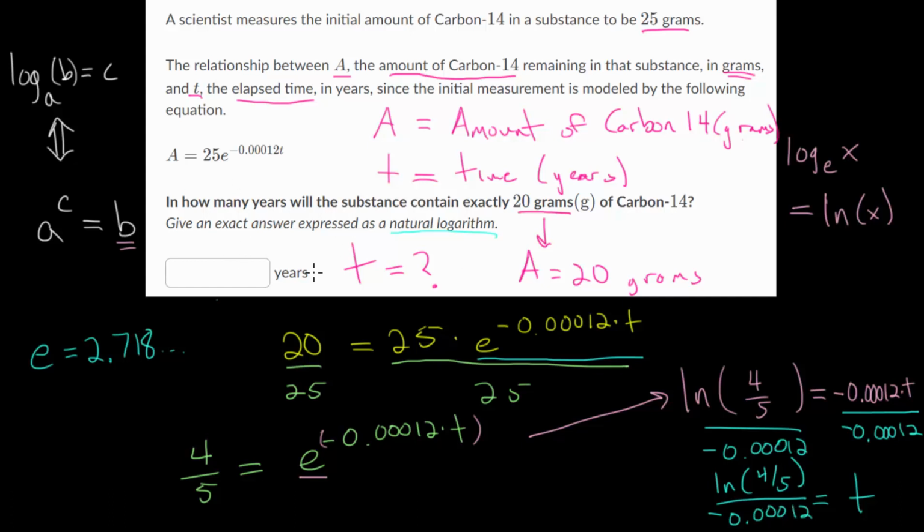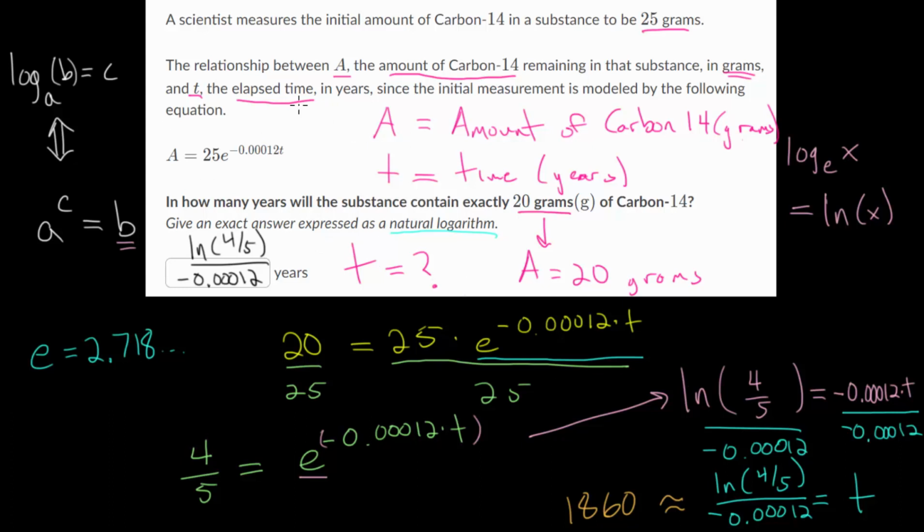Since our question is asking for an exact answer, this is what we'd put in the box: the natural log of 4/5 divided by minus 0.00012 years. If we wanted an approximate value, we can plug this into the calculator, and it's approximately 1,860. Remember, t is expressed in years.